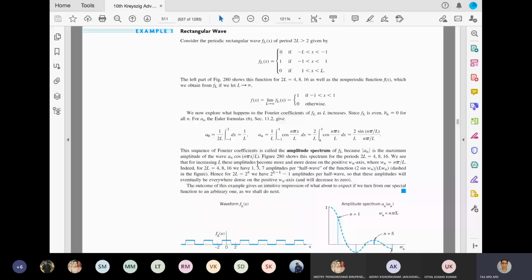Now what we want to highlight is what would happen if you take L tends to infinity in this example.